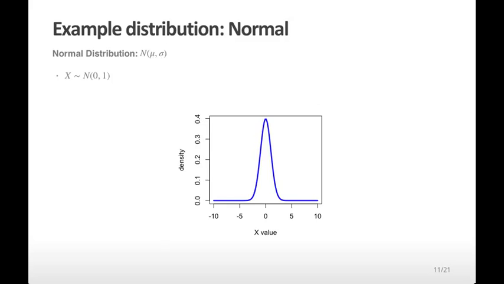Remember that the mean of the distribution says something about where the center of the distribution is, and the standard deviation says something about the spread. So if x is a random variable that has distribution normal with mean 0 and standard deviation 1, this is what its probability density function looks like.